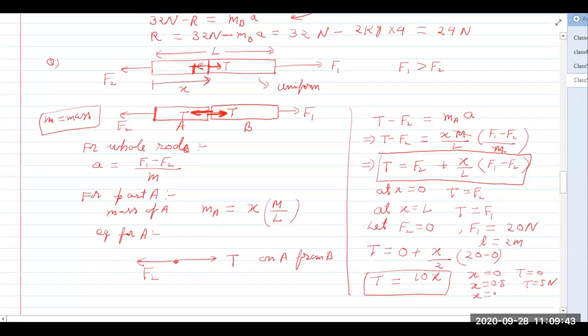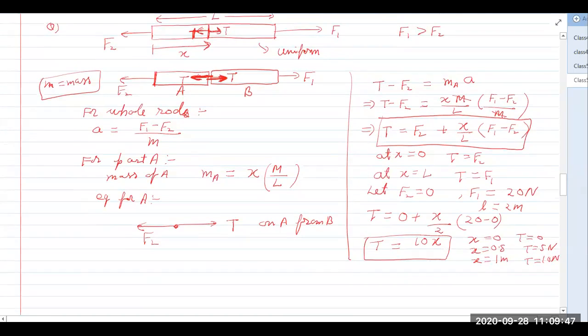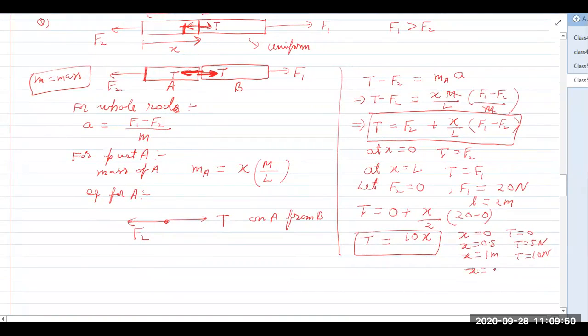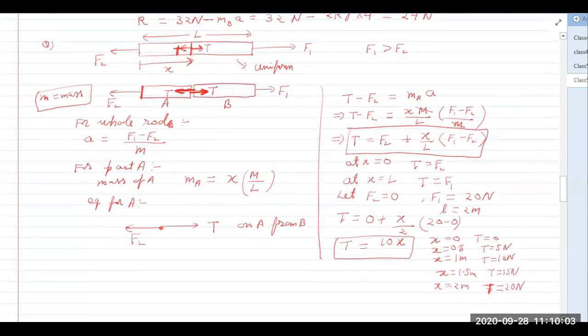X equal to 1 meter, the midpoint, tension is 10 Newton. X equal to 1.5 meter, tension is 15 Newton. And if you put x equal to 2 meter, the tension is going to be 20 Newton. Okay, so as you reach the right end, the tension becomes equal to the applied force F1.